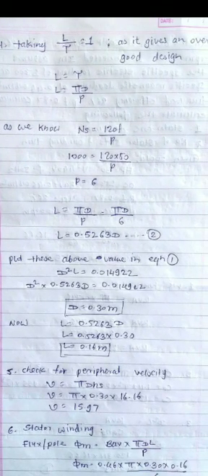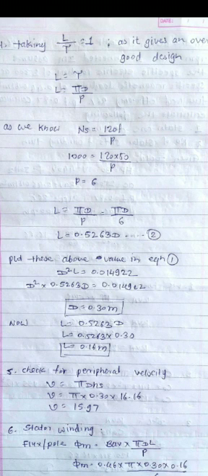We take some values, and from those values one consideration is that L divided by tau is equal to 1. This is considered to give an overall good design. So if you take L divided by tau equal to 1, it gives an overall good design.